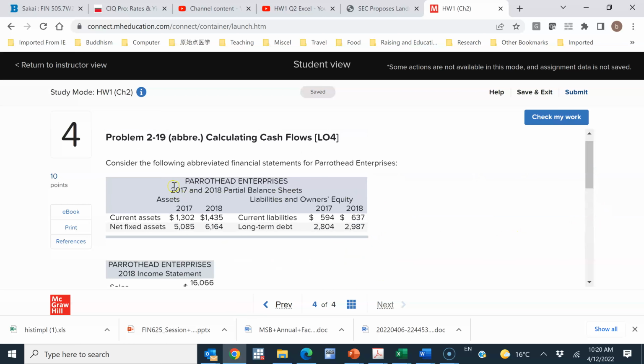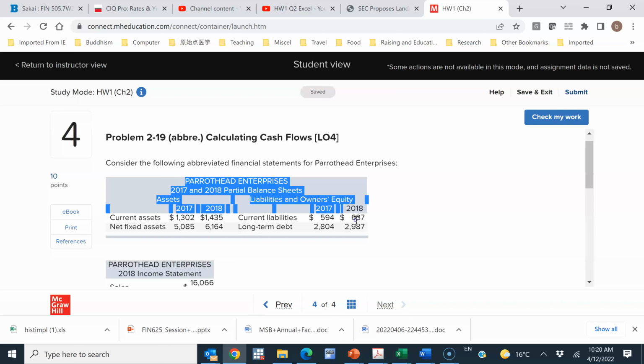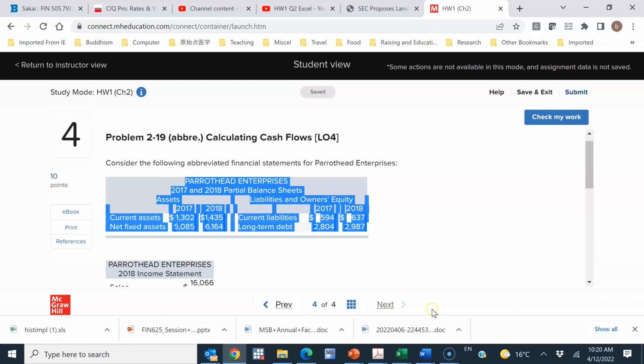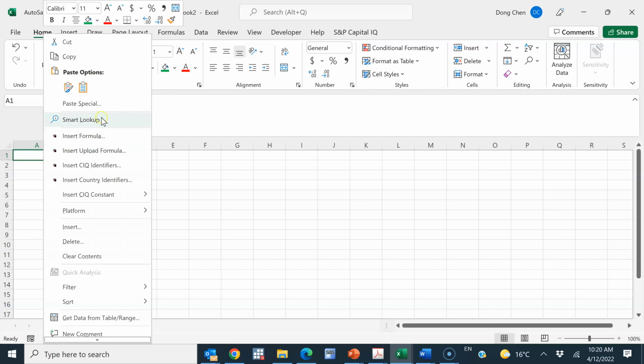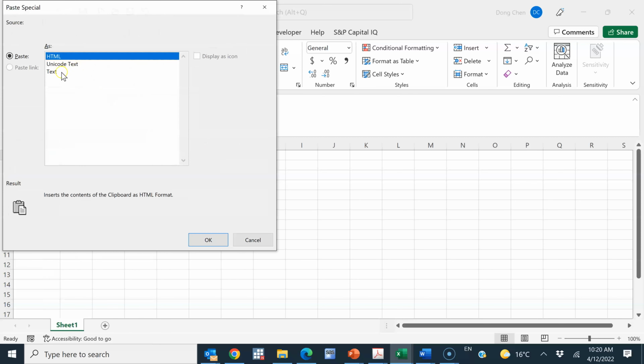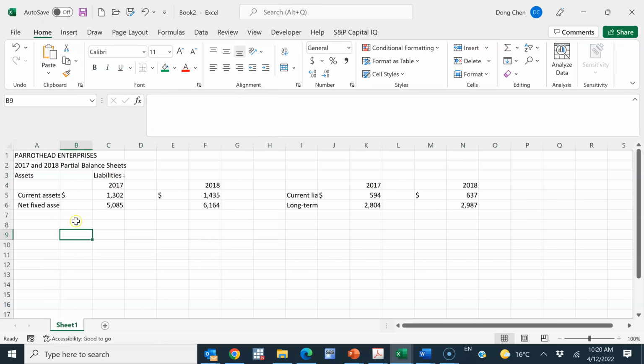So the first thing I would like to do for this type of question is to copy this table to Excel. That can facilitate the calculation. So copy, and when you paste, choose paste as text, and then just do some adjustment for the texts.